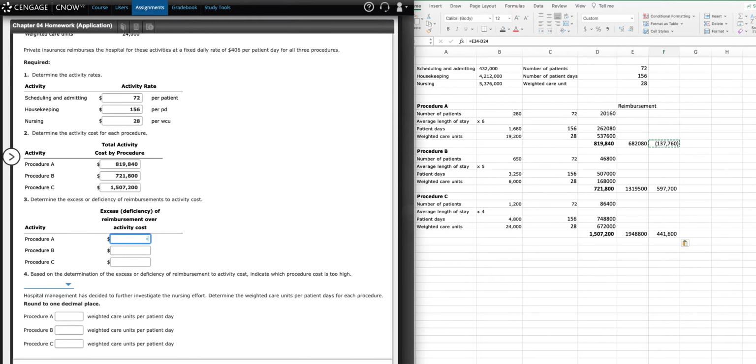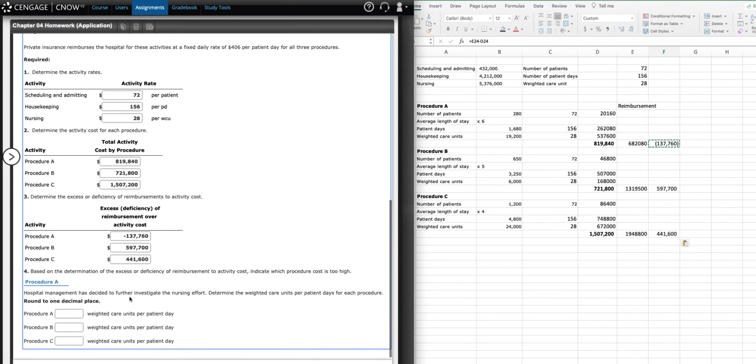So we'll say a deficiency of $137,760, and then we have an excess for procedures B and C. Based on the determination of the excess or deficiency of the reimbursement to activity cost, indicate which procedure cost is too high. So obviously the cost of procedure A is too high.